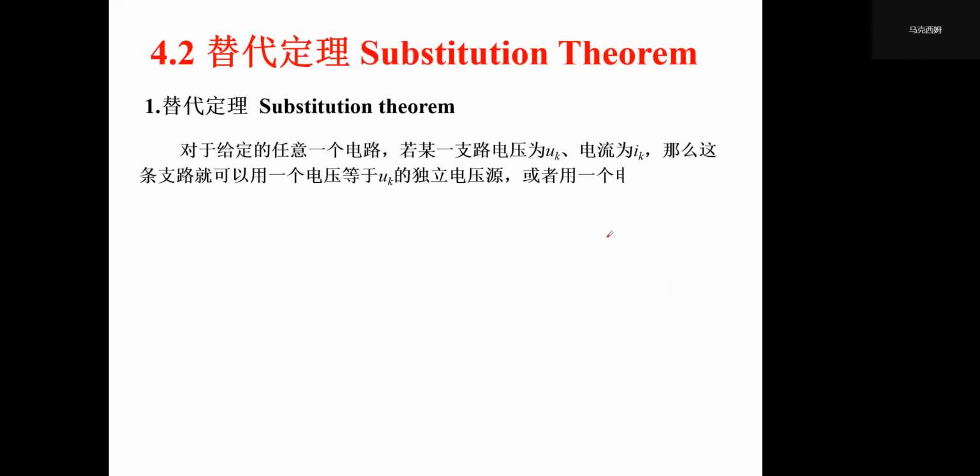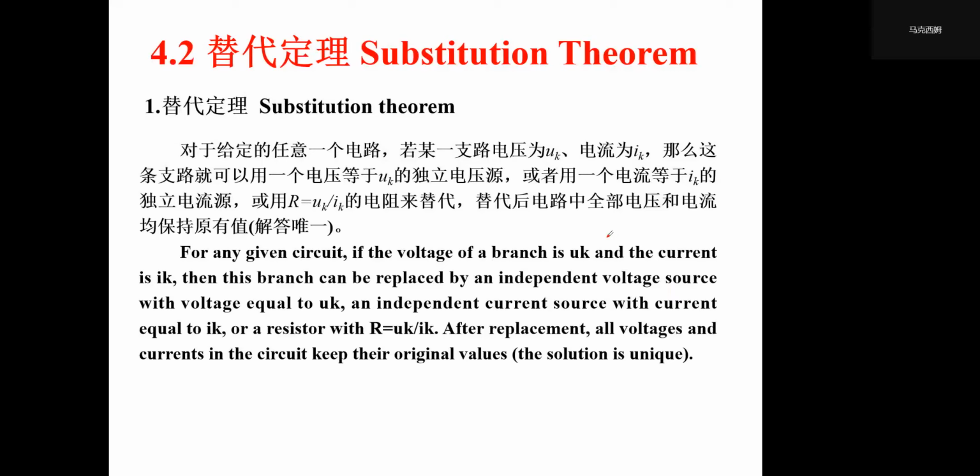For any given circuit, if one branch, the k-th branch, has current IK and voltage UK, then we can replace this branch with an independent current source whose current equals IK, or we can replace it with an independent voltage source whose voltage is UK.